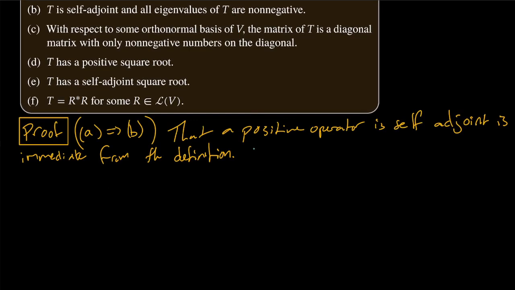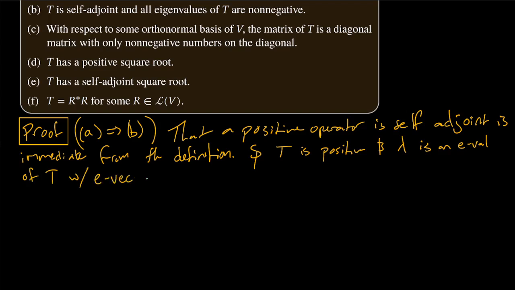Suppose T is positive and lambda is an eigenvalue of T with eigenvector V. Okay, then watch this. Here's how we're going to build to it. So 0 is less than or equal to the inner product of TV with V. That's positivity.